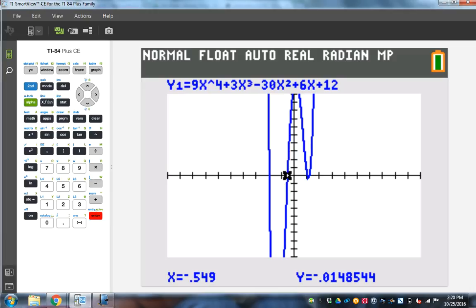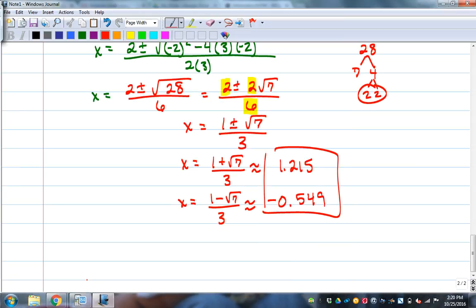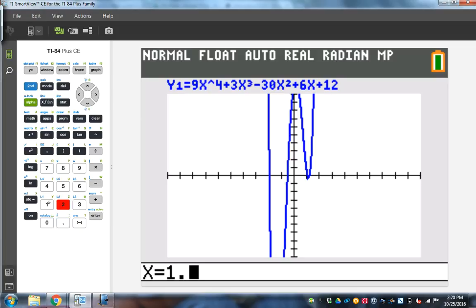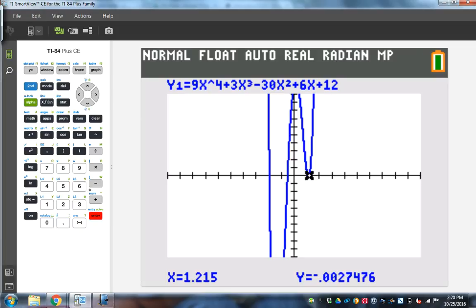If I use the exact value, then it's going to be 0. And if I do the positive side, 1.215, I'll see that it's very close to 0 too, even closer on that one. It's just the rounding wasn't as far.